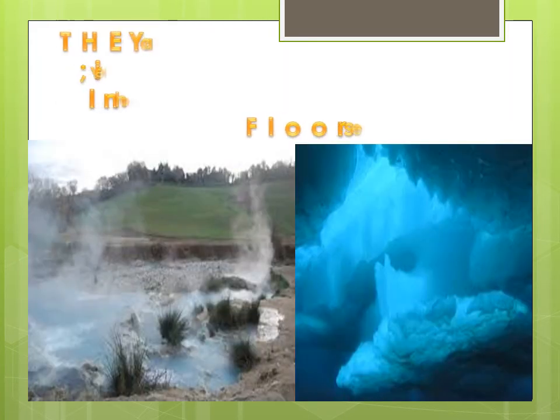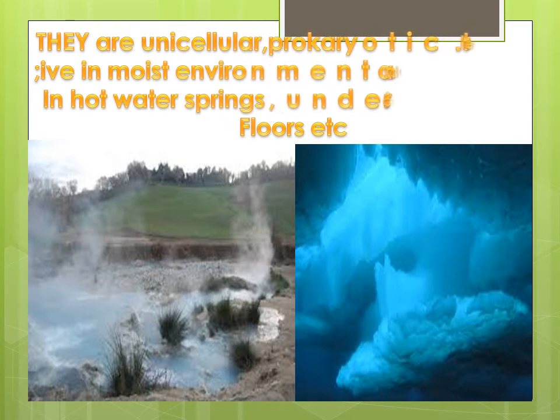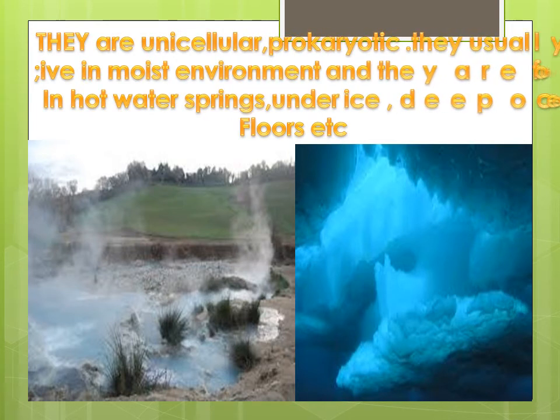Monera are unicellular. They are also prokaryotic, which means they do not have a well-defined nucleus. They usually live in moist environments. And if you ask where they are found, they are found everywhere, from hot water springs to under ice to deep ocean floors.